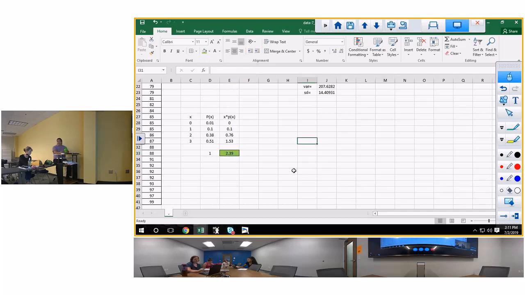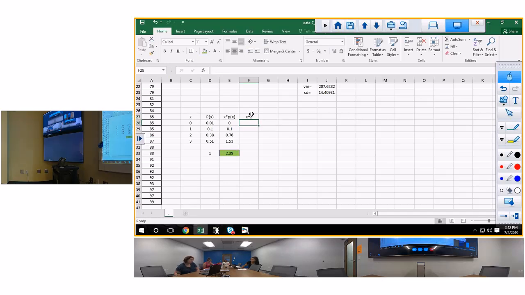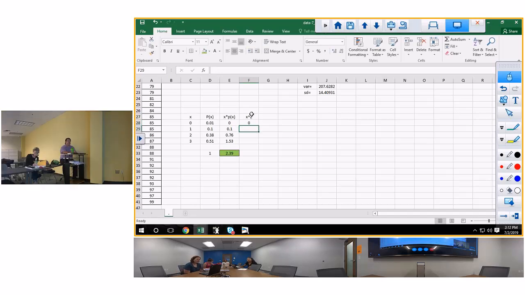Now what? Well, what do we have to get the standard deviation? I said it. X squared. X squared. Good. We got to have x squared, so what am I going to do? I'm going to do x squared. Now I'm going to do it for you. I'm going to do it for y'all. Let's see. 0 squared is 0. 1 squared is 1. 2 squared is 4. And 3 squared is 9.